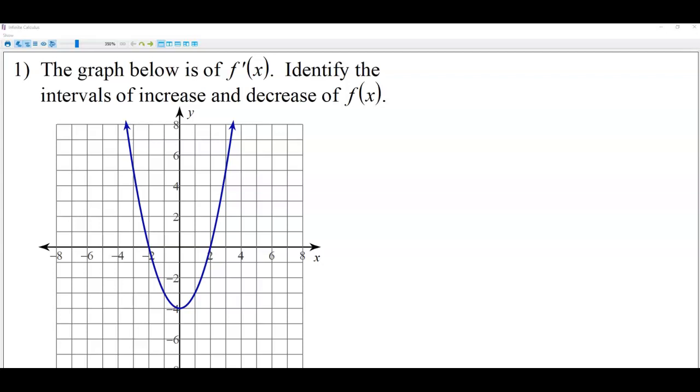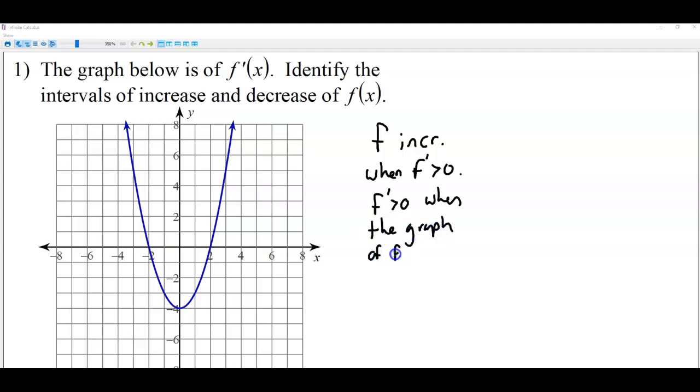So, question number 1, the graph below is of f prime, and we want to identify the intervals of increase and decrease for f. So, we have to remember that f increases when f prime is positive, and f prime is positive when the graph of f prime is above the x-axis.